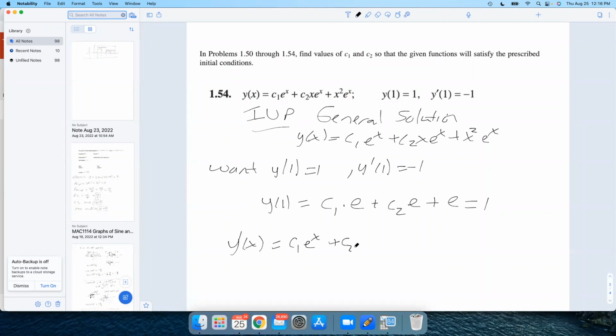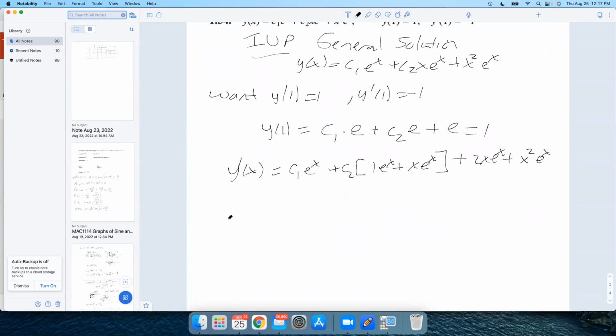So I'll have a c2, derivative of the first times the second plus leave the first alone, derivative of the second. And then here, I'm going to have to do a product rule. So derivative of the first times the second plus leave the first alone, derivative of the second.